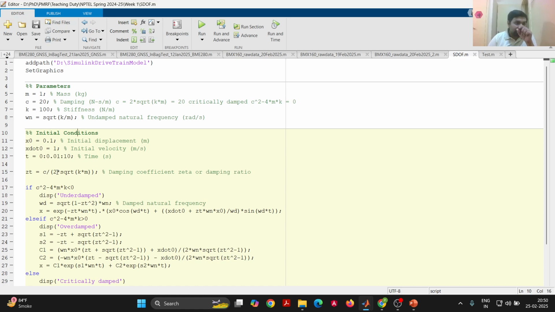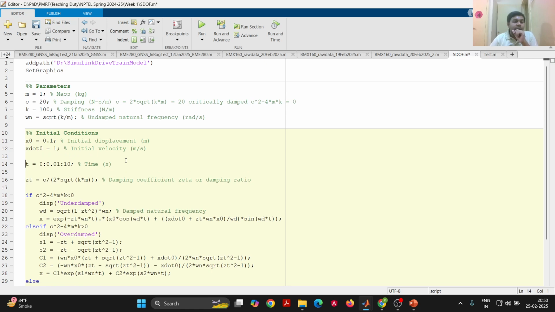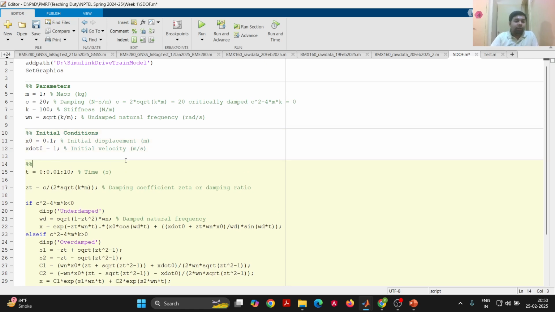If I type percentage twice, it generates a section within the code. This helps in visualization of the code and facilitates easy understanding. This section is the initial conditions, and here we define the time interval for the response.